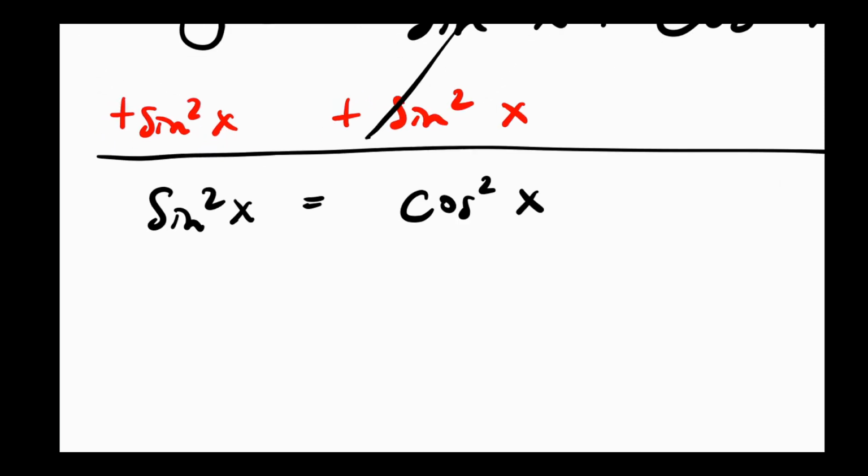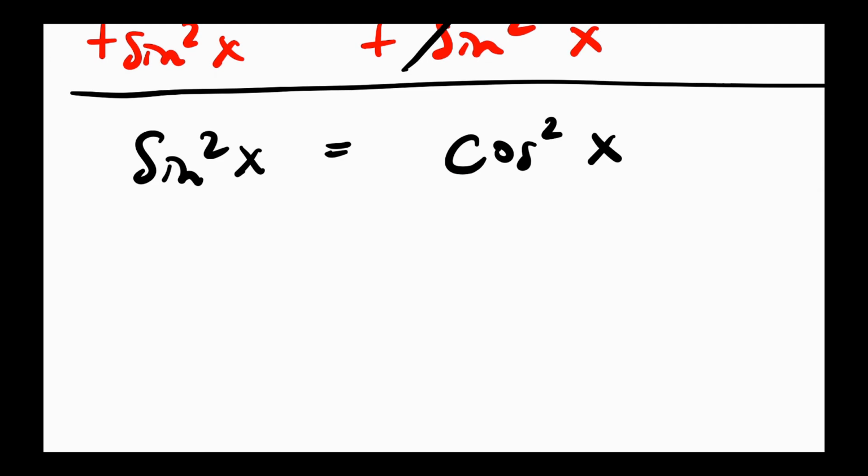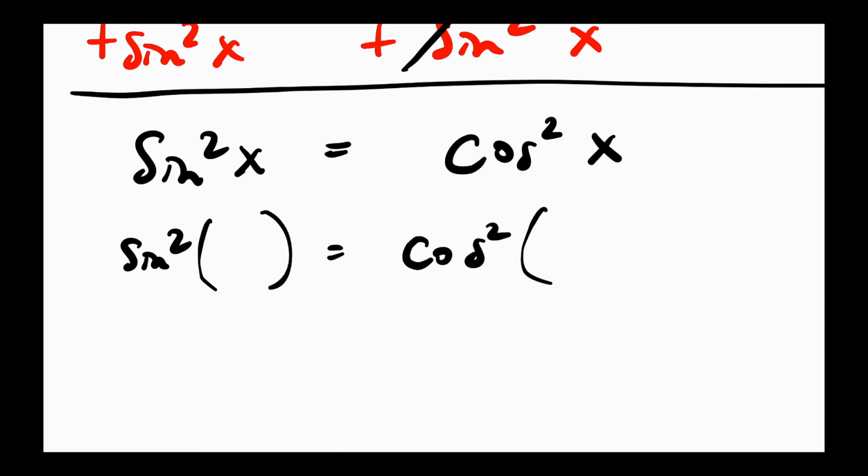I'm trying to make one side equal to the other side, right? So where do I plug in values? Right there and right there. What number will go in there and there that makes it equal?